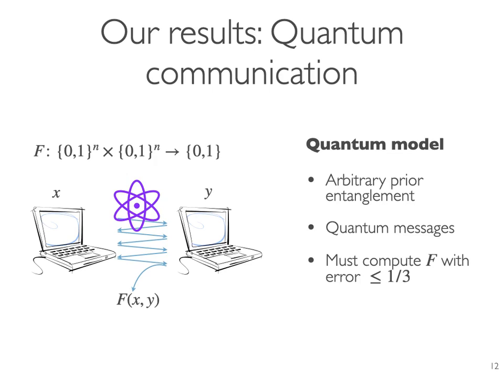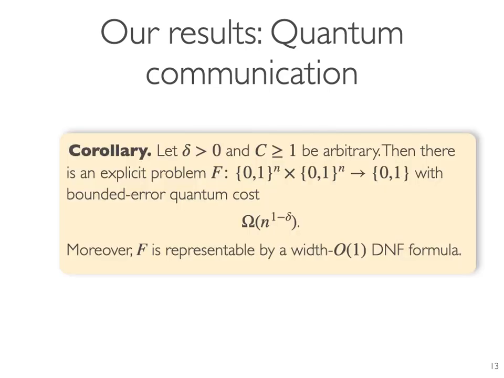For arbitrary delta and c, we construct an explicit communication problem f with bounded error communication cost at least n to the 1 minus delta.